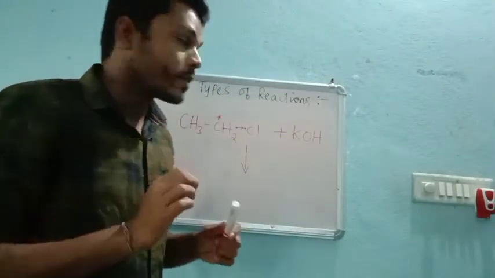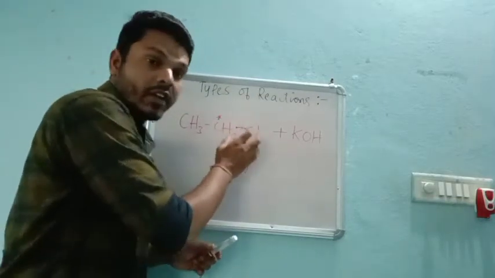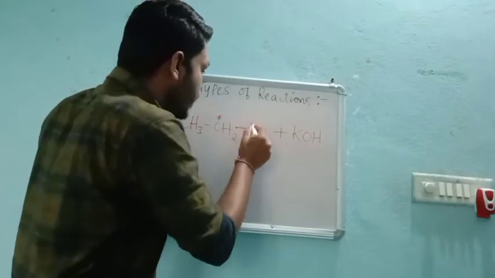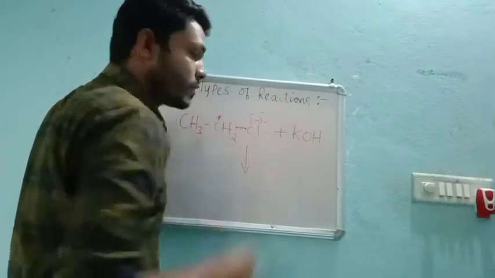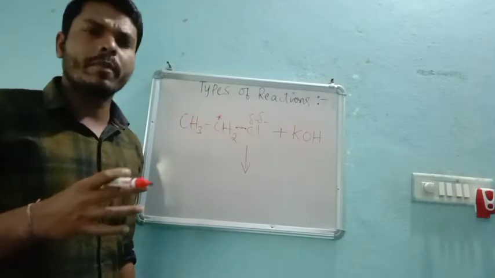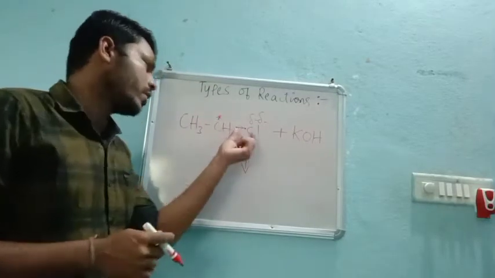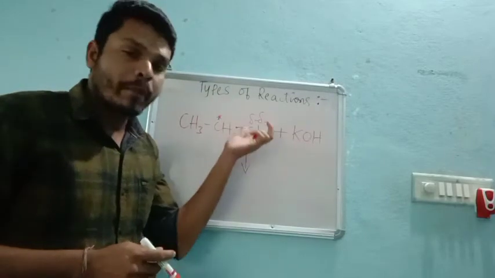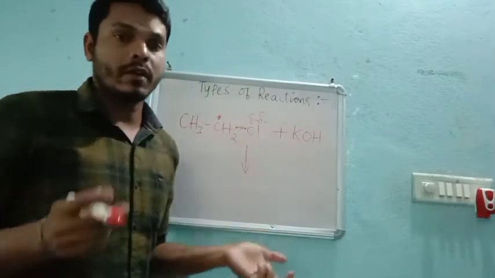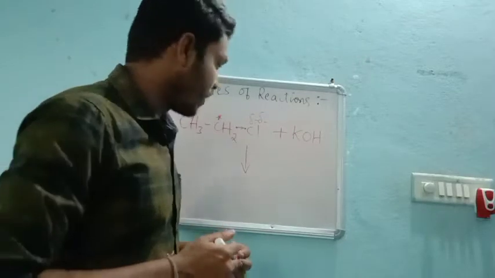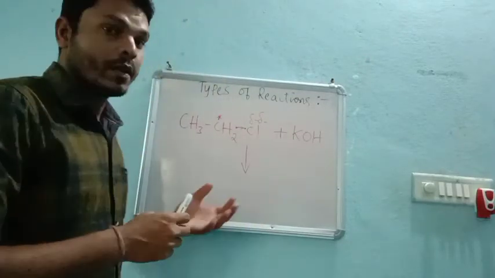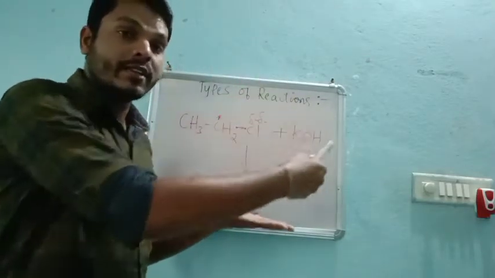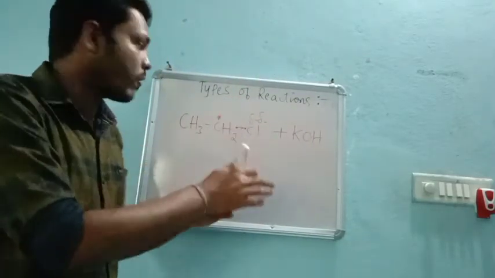So what happens here, the density of electrons increases on chlorine, like this. So now the weight or the mass of chlorine is very high, and if it exceeds, then definitely the bond will break down.